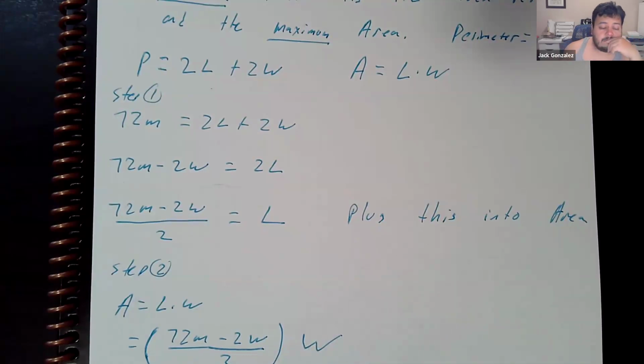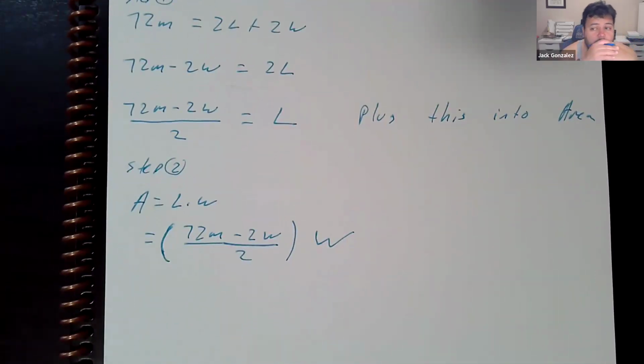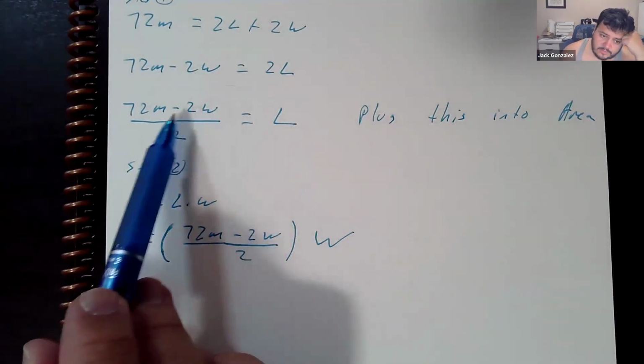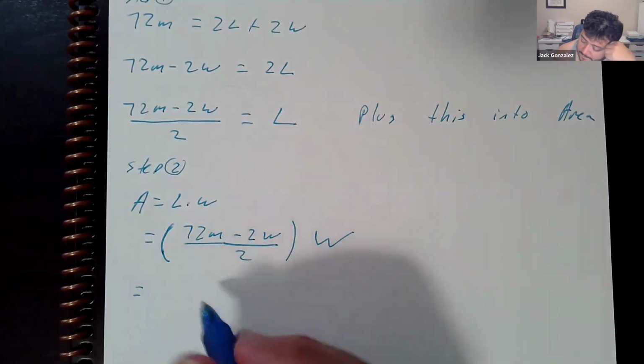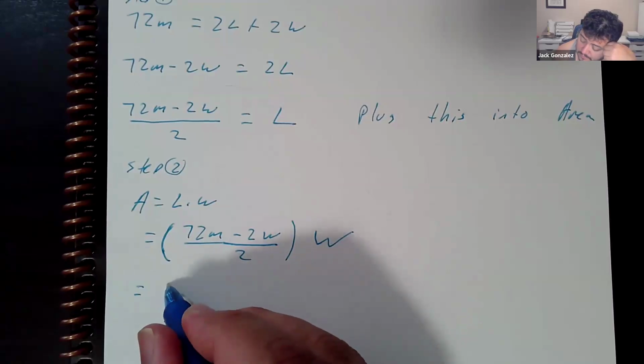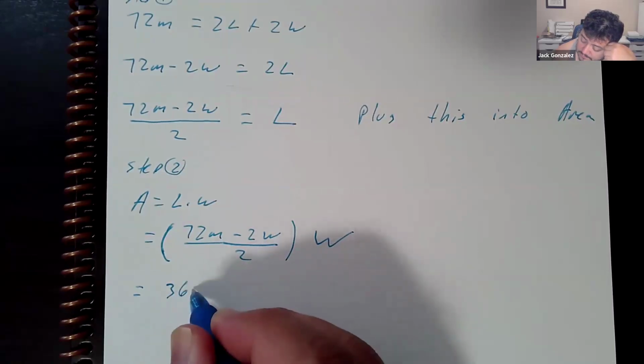Times W. So far, is that okay? Okay. And technically you can reduce this, right? I should have done it up here, but oh well. 2 goes into both, leaving you with, what is that, 36?